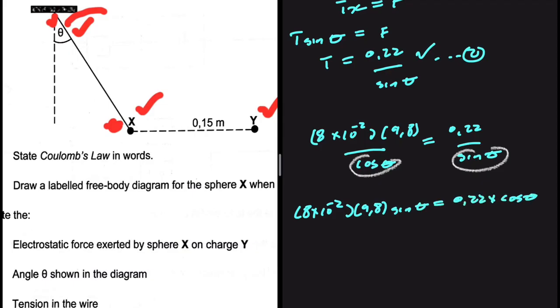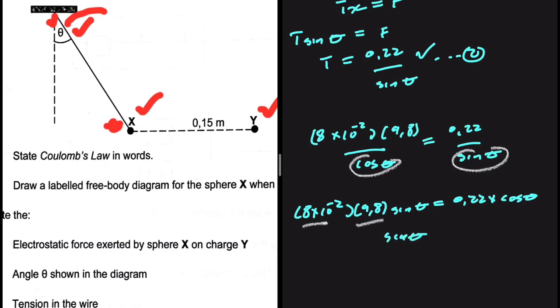I'm going to divide both sides by cos of theta, because sine of theta divided by cos of theta is tan of theta. Then I'm dividing both sides by 8 times 10 to the minus 2 multiplied by 9.8.